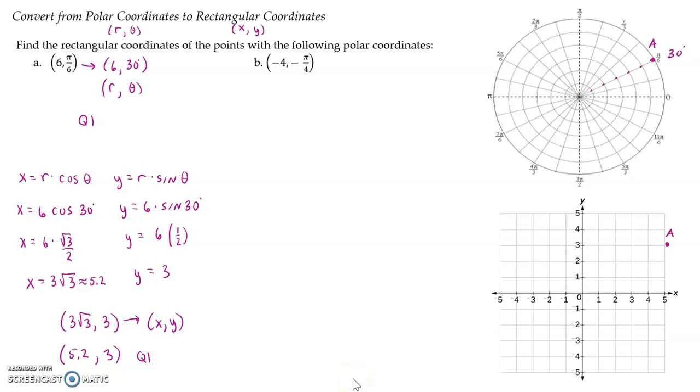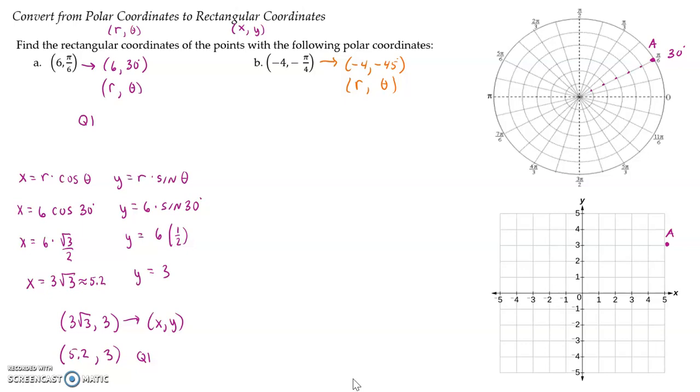So let's take a look at part B. In this one, we have the point -4 and negative pi over 4. So this is the same thing as -4 and negative 45 degrees. We have a negative radii value, and our angle measure here is -45.